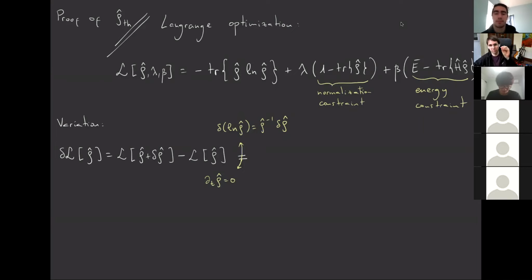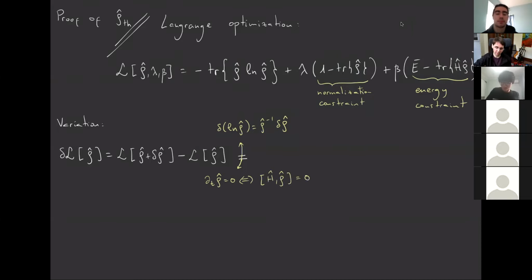We are just looking for one specific state that is the one that maximizes the entropy, okay? And that's one state. It's not a family of states that depend on a parameter called time, okay? It's a single one. Therefore, this automatically implies by the von Neumann equation that the Hamiltonian commutes with the state, or the state commutes with the Hamiltonian, okay?